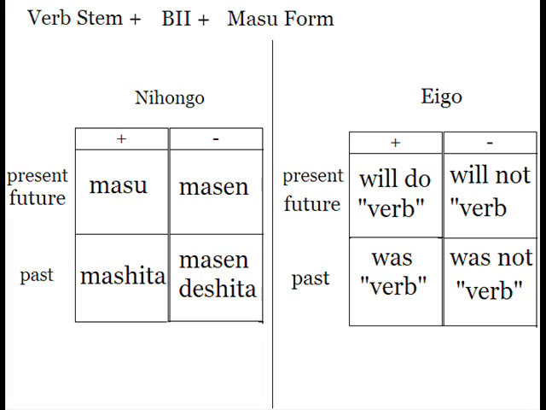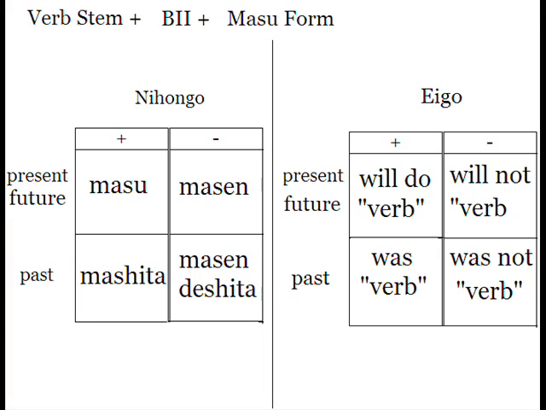So for example, we'll take hanasu and put it into different conjugated forms. Ha, na, shi, masu. Hana is the stem. Shi is the base 2 form of hanasu. And then we have masu at the end. It means I will speak or to speak. Now if you said hanashimashita, it means I spoke. I spoke to that person. Then we have hanashimasen.